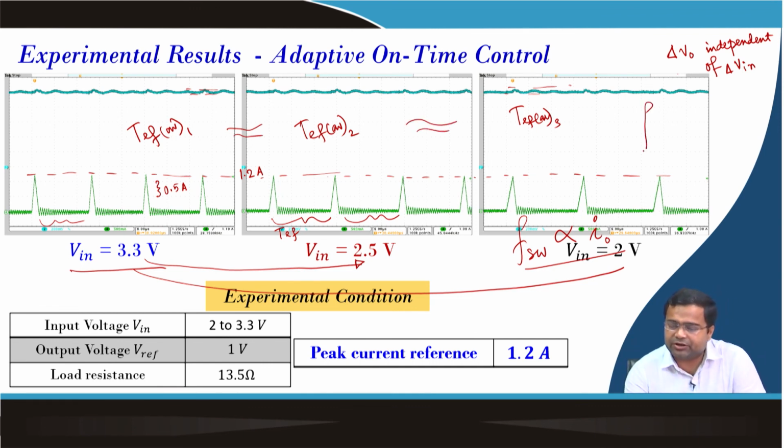That means your effective switching frequency is almost constant in the average sense, so it is insensitive to input voltage variation.